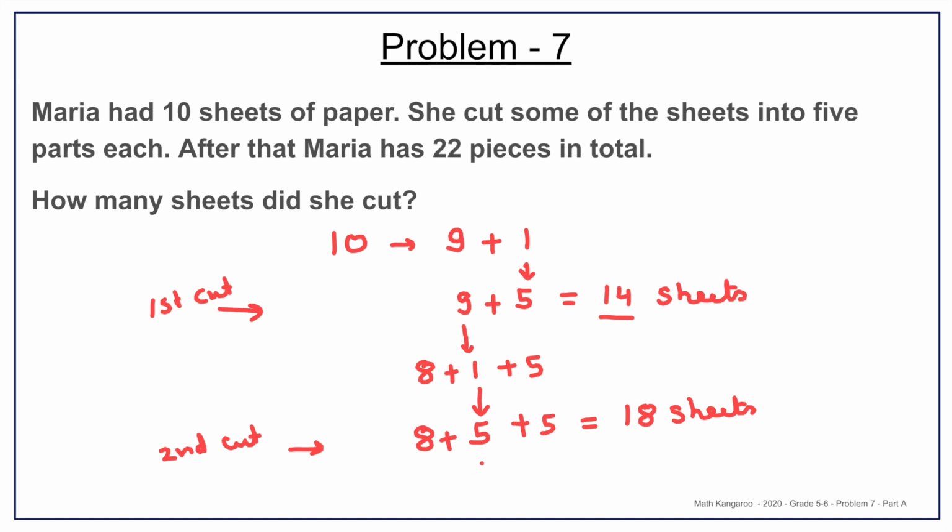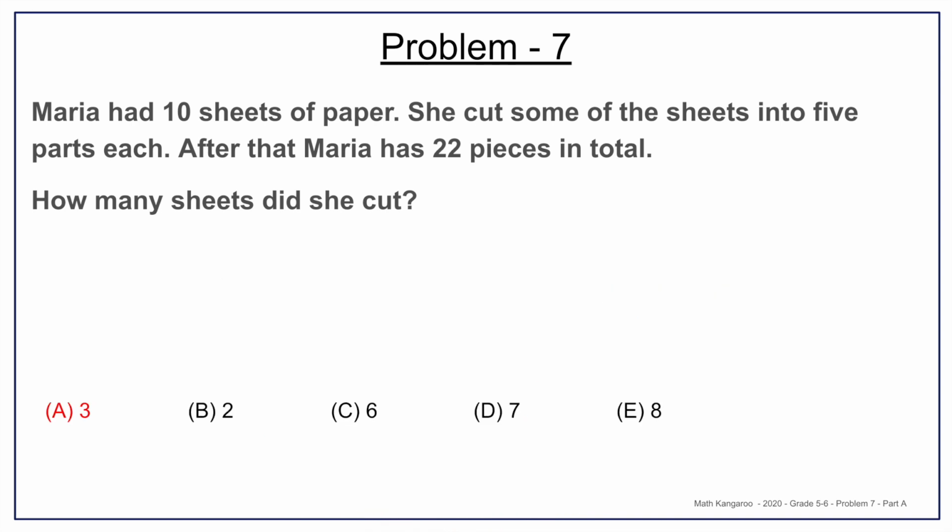This is not sufficient. So she has to again take 1 more from here. So 7 plus 1. And we already have 5 plus 5. And she takes 5 out of it. 5 plus 5 and 7 gives us 22 sheets. So this is the third cut. So how many cuts in total does she have? Our answer is option A, 3.